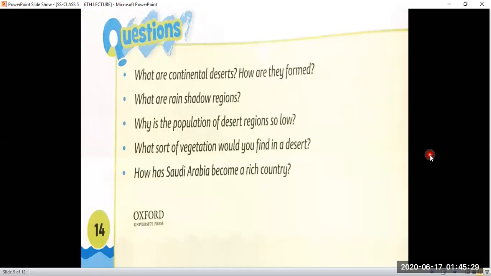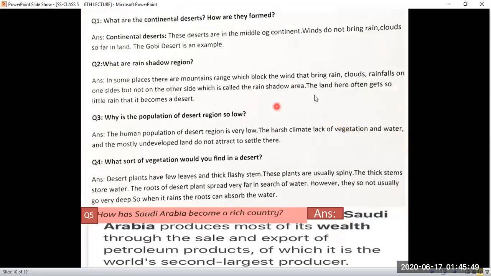So now we are completing the question and answers, continued on page number 14. Five questions are given in this page, and we are solving these questions. Here is question number 1.